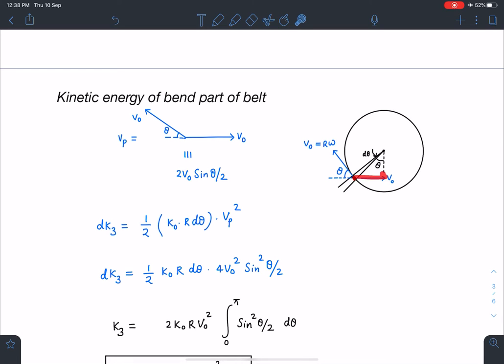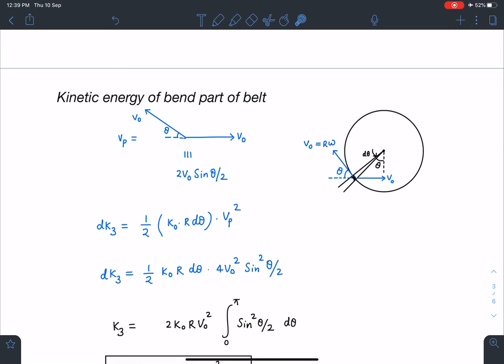This particle has V naught velocity due to translation in the horizontal direction, and due to rotation it will have r omega in this direction. Luckily r omega is also VCM, so I have to write this vector sum. So the velocity of this particle as a function of theta is V naught, and we can find out the vy and vx components. When you simplify that, you are going to get 2 V naught sine theta by 2.